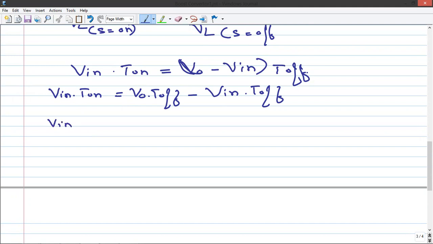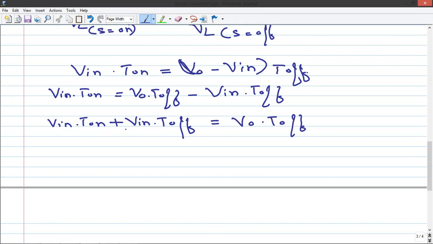V input into T on plus V input into T off is equal to V out into T off.